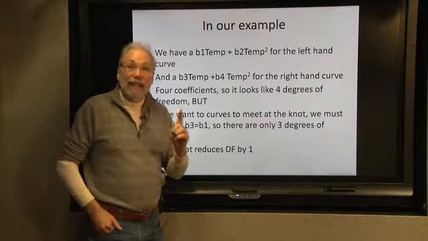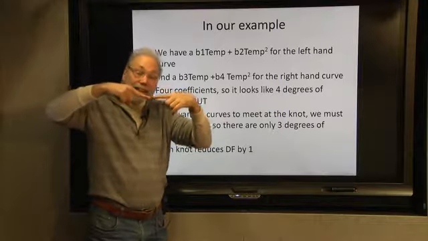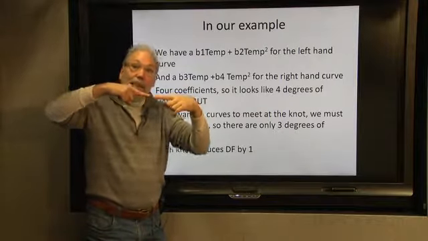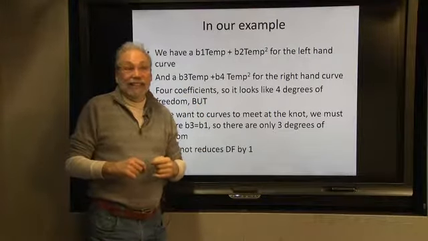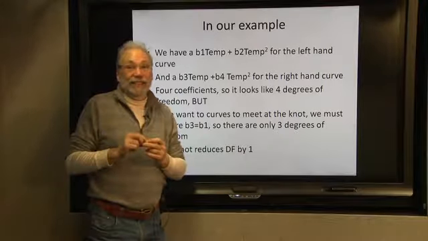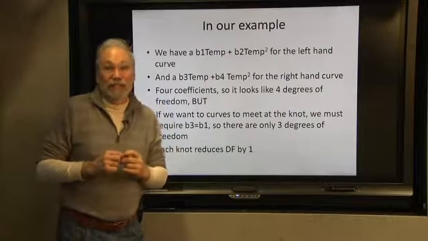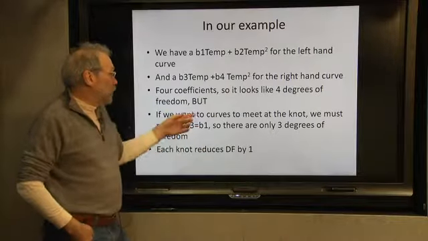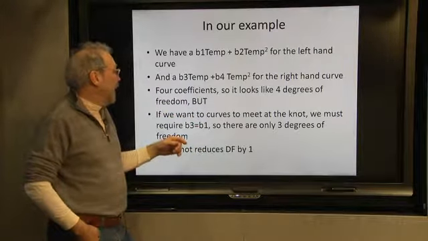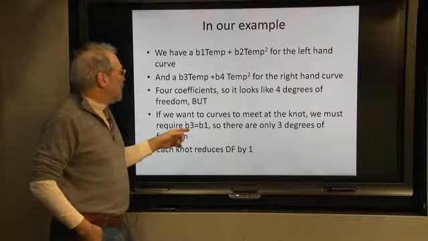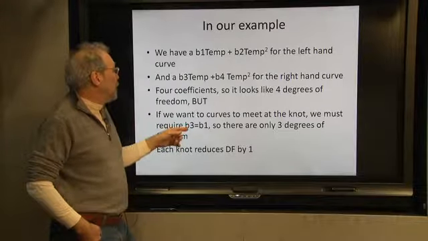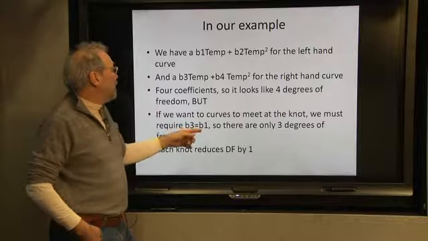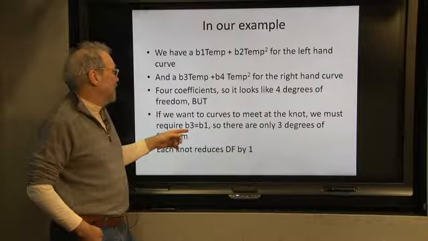However, I'm requiring that the curves meet up at the boundary. Requirements use up degrees of freedom. In particular, if we want the curves to meet at the knot, then it turns out it must be true that the linear terms have the same coefficients on each side.